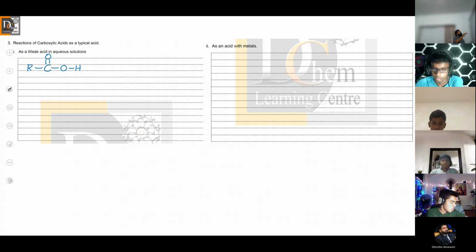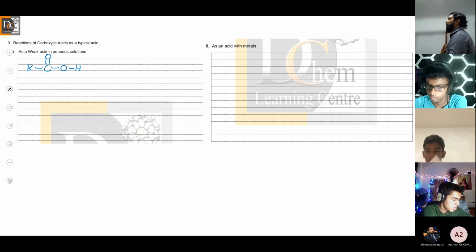This hydrogen atom is quite special in carboxylic acids. There are hydrogen atoms all over organic compounds, but none of these hydrogen atoms try to get away from carbon. But this hydrogen atom tries to get away from oxygen.